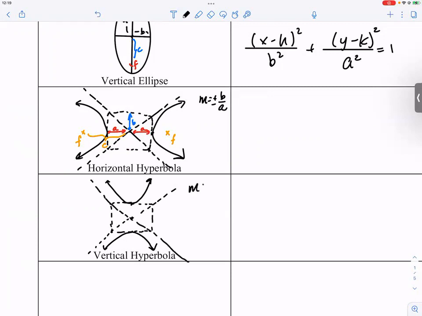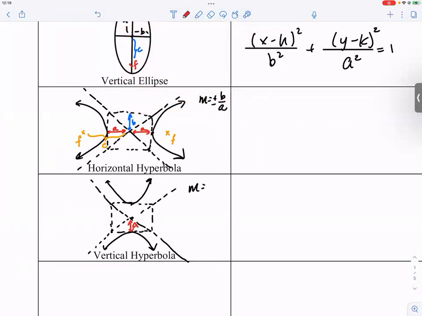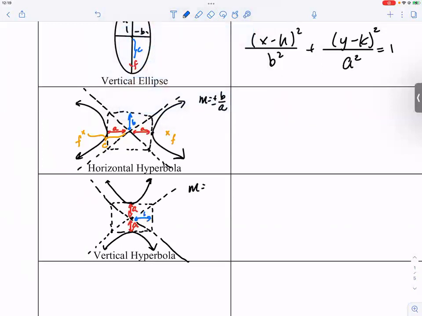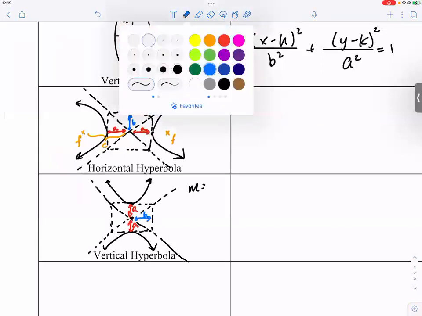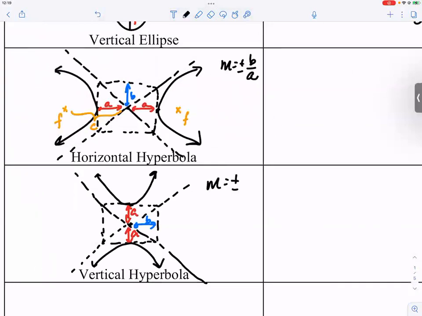So for this one, if you label your A and B again, this is A, and this is B. The asymptote in this case would be rise over run. That would be A over B.